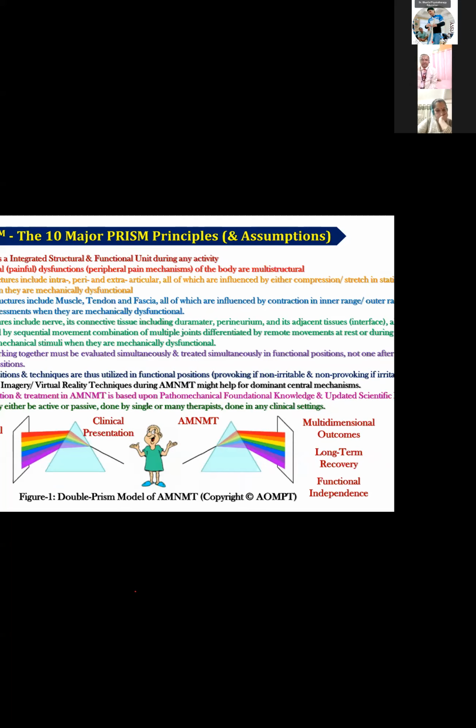Not only immediate, it might help for long-term recovery also, because we are treating all the tissues together, so there is nothing left as a dysfunction. Especially the functional independence, which is the target of any physical rehabilitation.